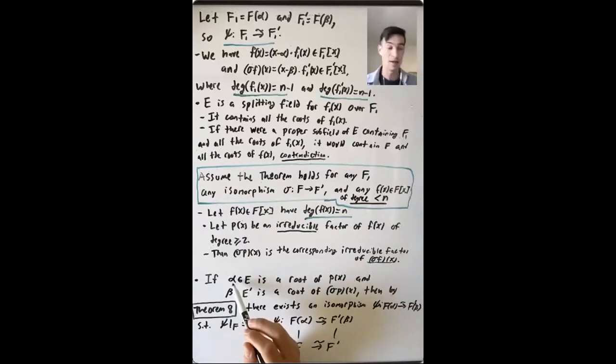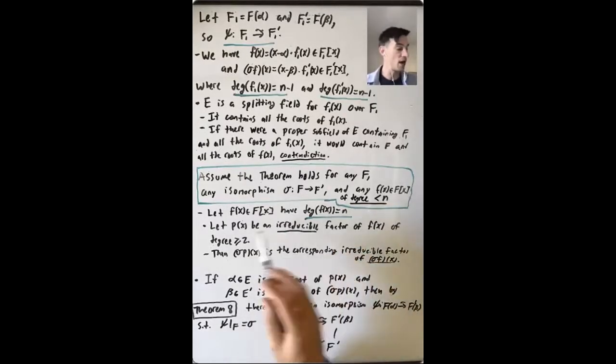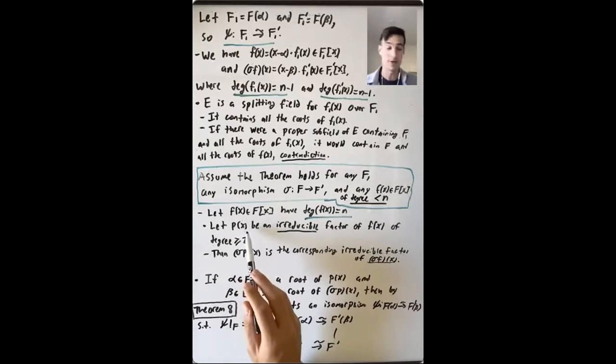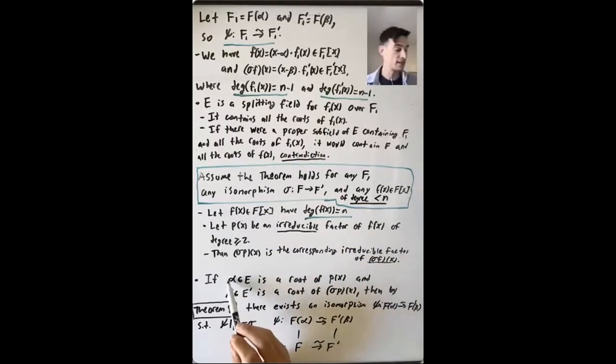So in particular, it has to contain a root of this irreducible factor, p of x. So let's name one. Let's say alpha in E is a root of p of x. And okay, in a splitting field for sigma of f, we have a corresponding root of this irreducible factor, sigma of p. So we're going to name that beta. Beta in E prime is going to be a root of sigma of p of x.